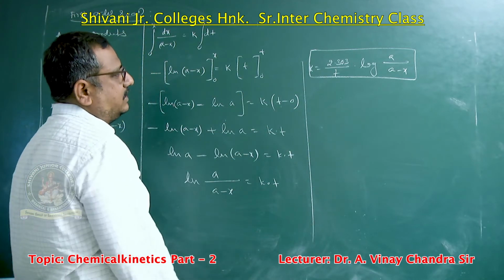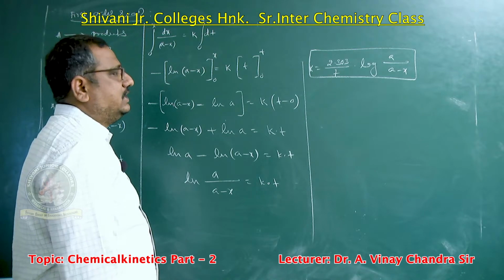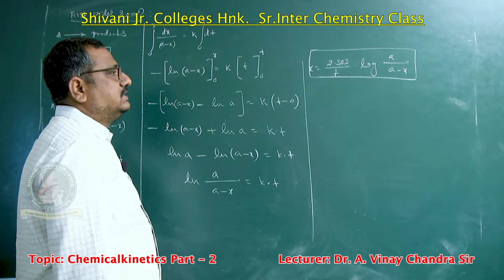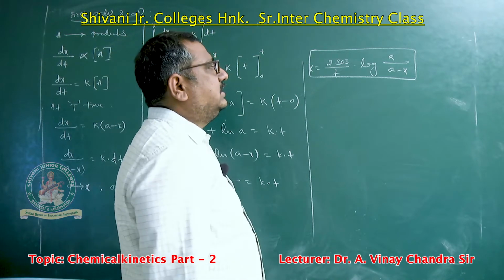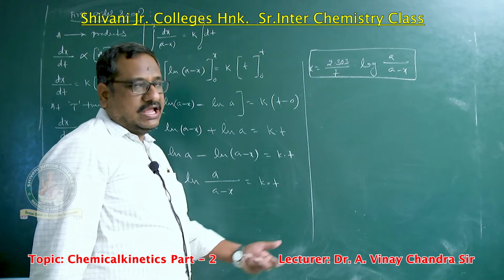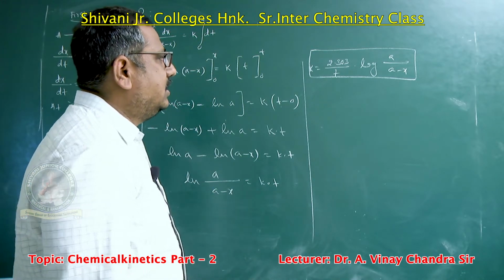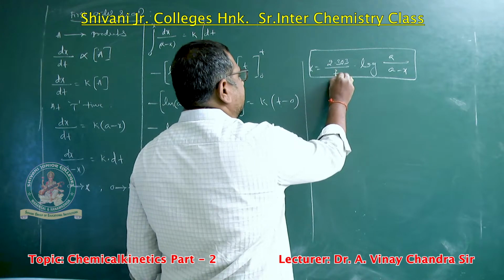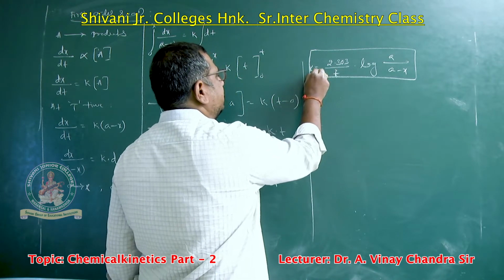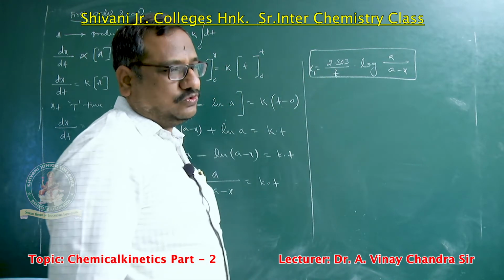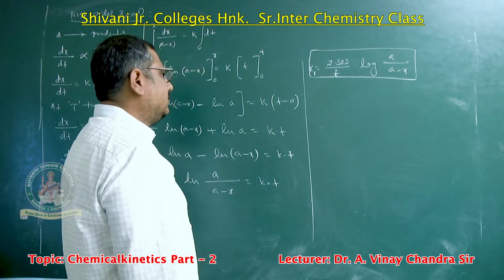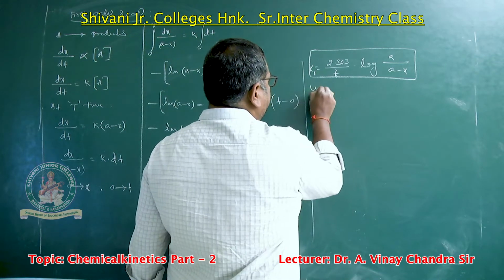A means initial concentration, A minus x means concentration at the given time, and t means time, either in seconds or hours. This I am representing as k1. K1 belongs to first order reaction. So here, the units.